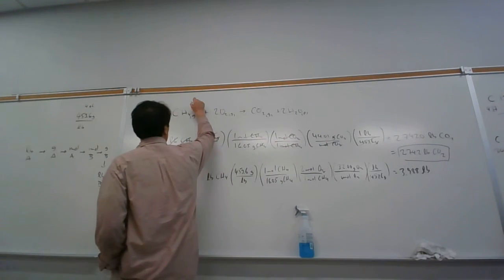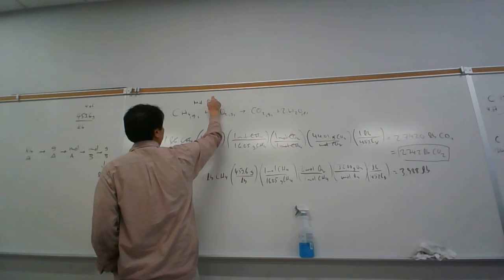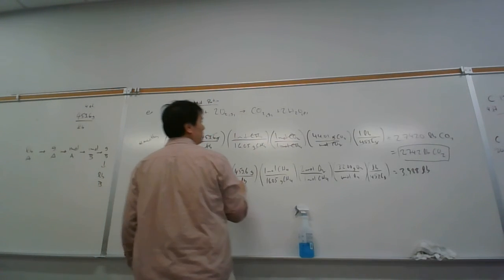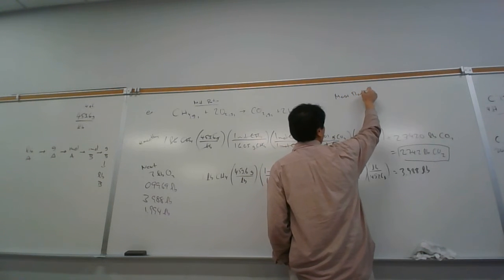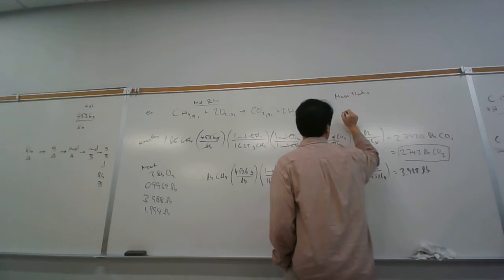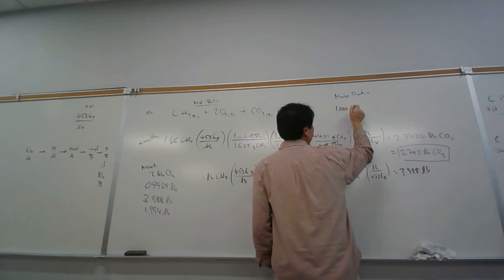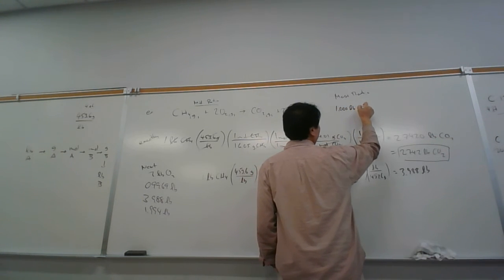All right, so this equation here is our mole ratio. The mole ratio is going to be much better than a mass ratio. If we were to write mass ratios for everything like this, we have 1.000, let's say, pounds of methane.